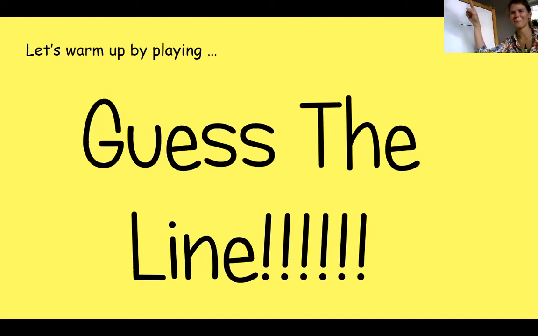I'll do it again. Can you draw this line on your paper? What line was it? It was my loopy line. My loopy line from last week. Okay, my favourite.